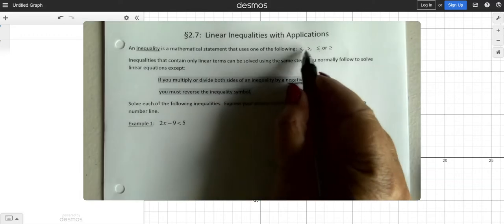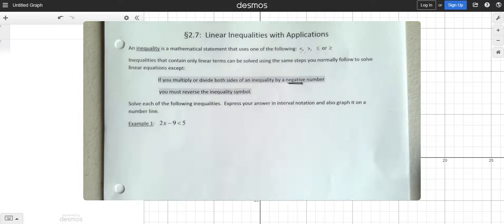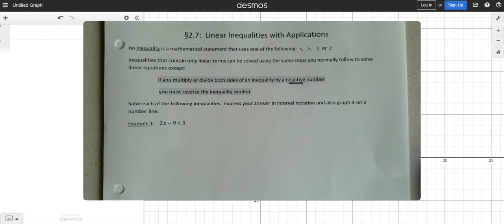So less than becomes greater than, or less than or equal to becomes greater than or equal to, and vice versa. We're going to practice this a couple of times, and then we're also going to take a look at graphically how we can connect what we see in our inequality solutions with things that we know about the graphs of some of this stuff.